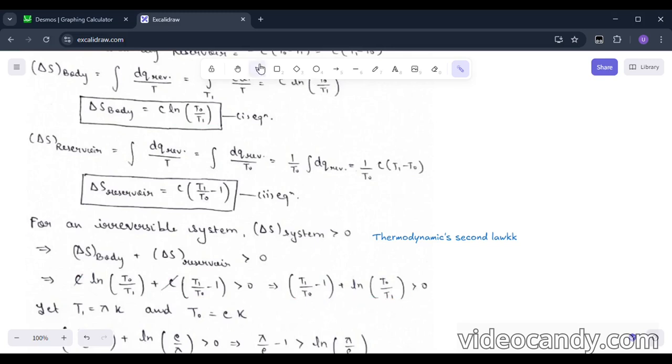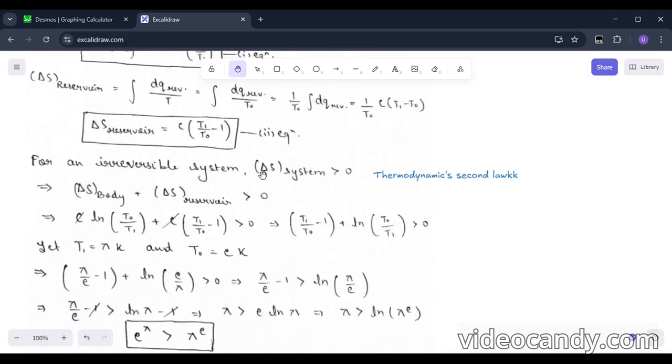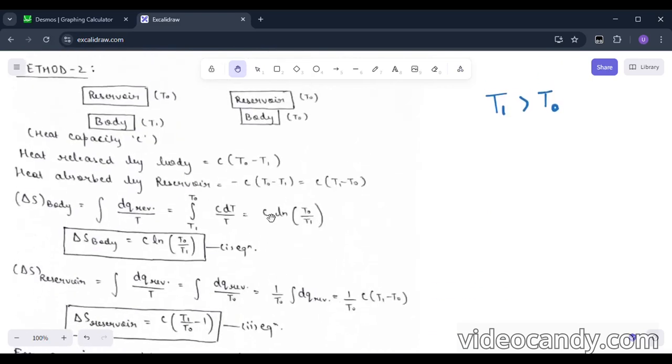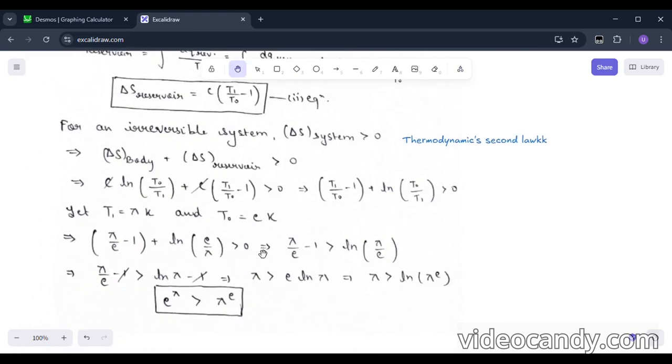Now the final step arrives: we can assume T1 as pi Kelvin and T naught as e Kelvin. Earlier I told you that T1 is greater than T naught, so this is what I'm using here also.